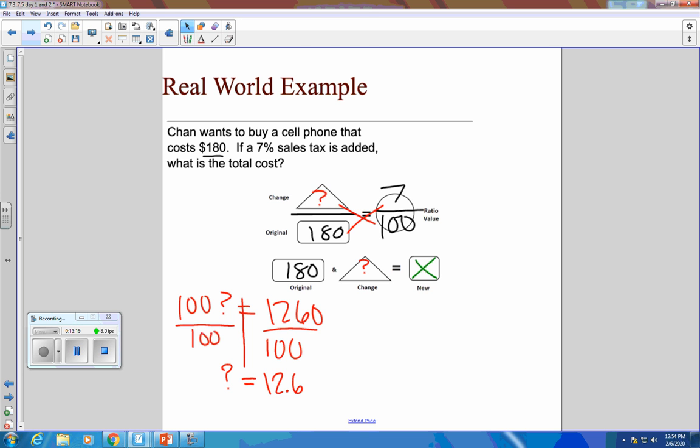So now that I have that number, I can plug it in for both of my triangles. So I get 12.6, 12.6. Now, just like the last problem, we add the tax onto the original. So I take 180 plus 12.6, and my total amount for the phone is $192.60.